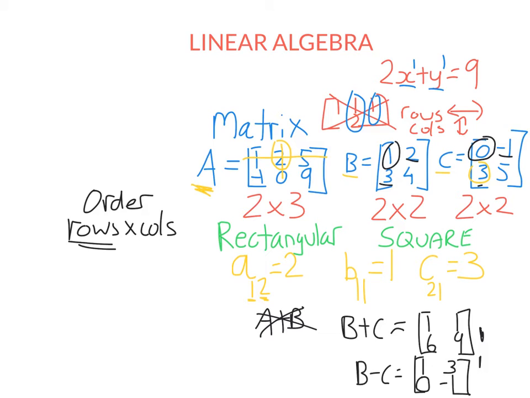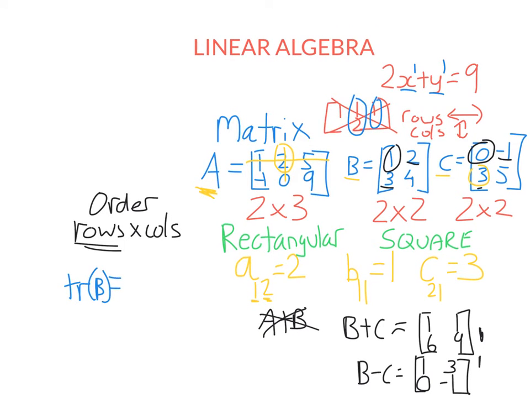So going back to our definitions, another important definition to know is the trace of a matrix. So we call it TR for trace. We're only interested in the trace of a square matrix, so we're not really interested in the trace of A. So the trace of a matrix B, what you do is you add all the elements on the leading diagonal. So the leading diagonal, you start at the 1, 1 element and you just go down in a diagonal line like that.